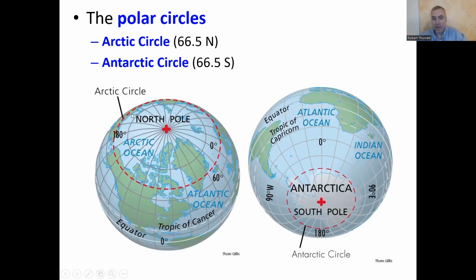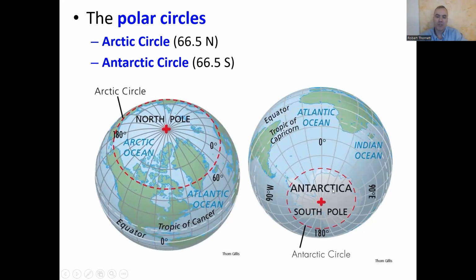So we're going to be talking about areas inside this red circle, the Arctic Circle, all the way up to the North Pole. So kind of a cap on the top of the world, like a hat. And then everything inside of the Antarctic Circle all the way to the South Pole.